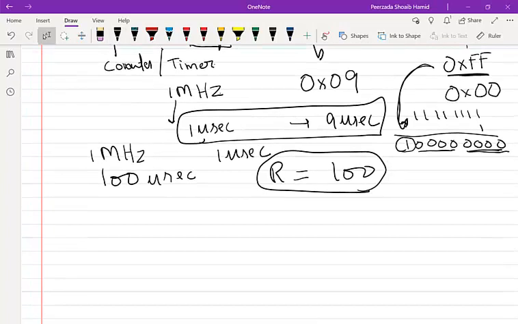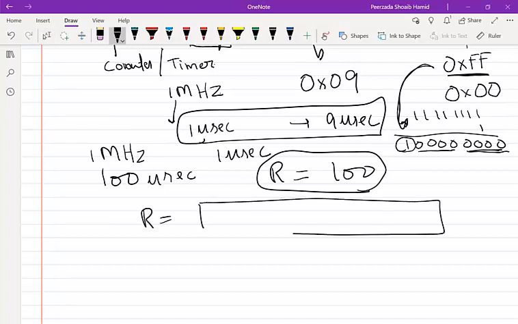And there's another way of generating the same time delay. That's to load this register R, this counter register, with a specified number and wait until it overflows.